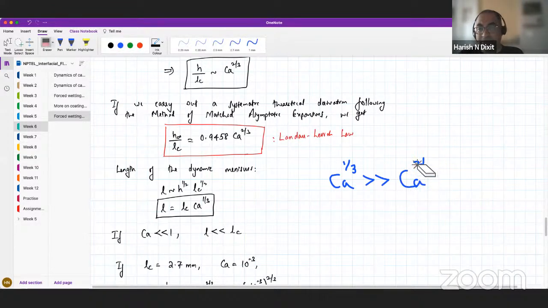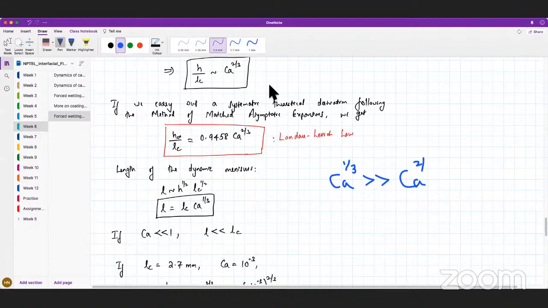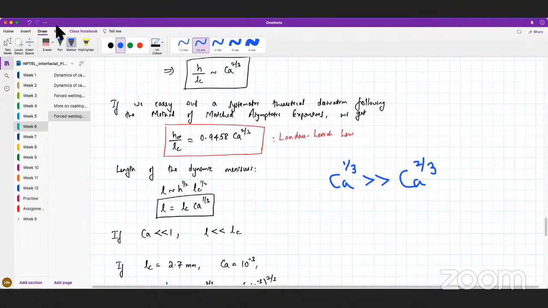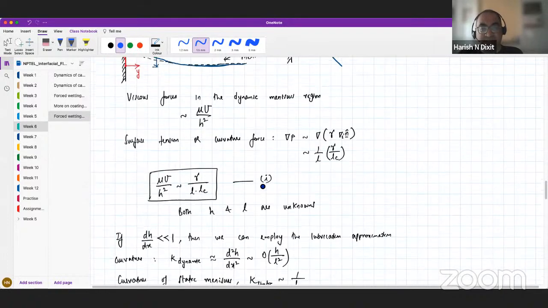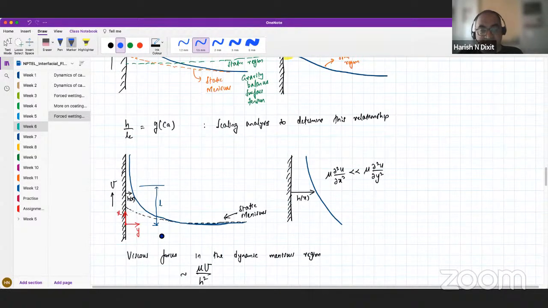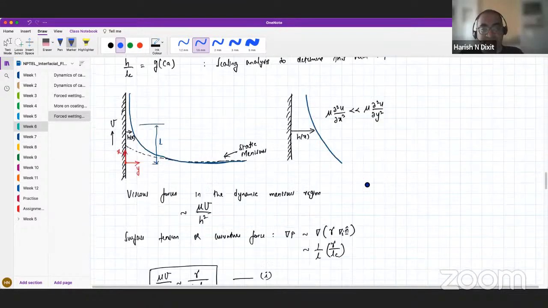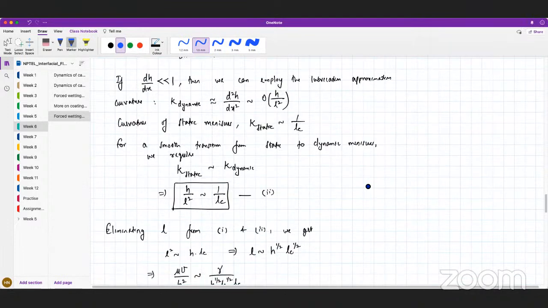Sorry, I made a mistake there. That is simply a consequence of the fact that the capillary number is very small. So it suggests that the vertical length over which the variation is occurring is much, much larger than the horizontal length, the thickness in the transition region. So this figure is not at all to scale.